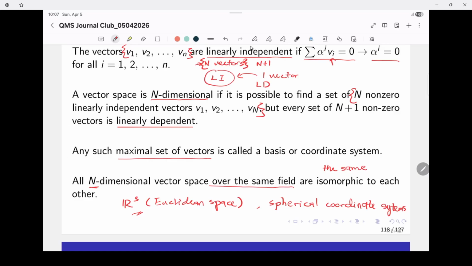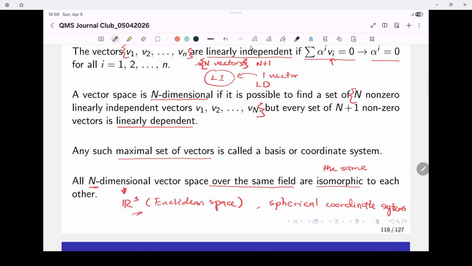It's just that in R3 it will be a little bit more difficult because you don't have that kind of symmetry. But in the spherical coordinate system, as long as you are dealing with spherical symmetry, the equation will be very simple. So as long as you know, for example, R3, whatever you know on R3, you can apply to your spherical coordinate system. This is what it means by they are isomorphic to each other.